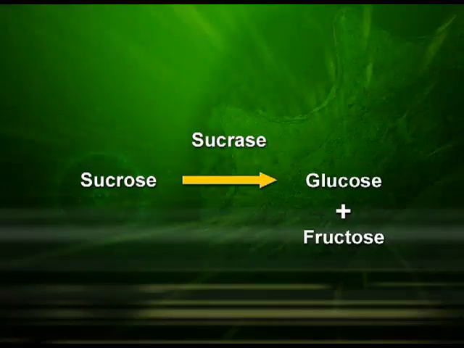Sucrase, an enzyme in succus entericus, will convert sucrose into glucose and fructose. Sucrose is a very simple form, but not the simplest form. When digestion of starch started in the buccal cavity, it continued in the stomach and also in the duodenum, and carbohydrates broke down to the stage of sucrose, but we cannot absorb sucrose.